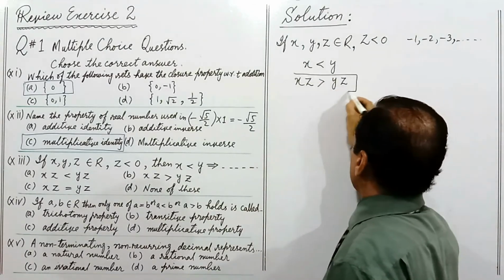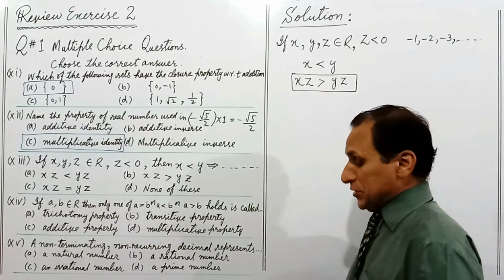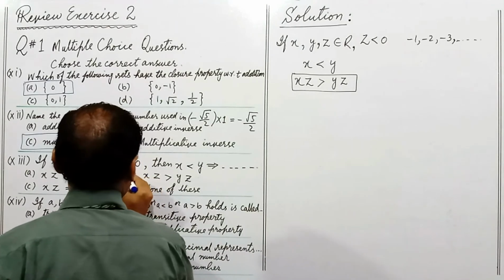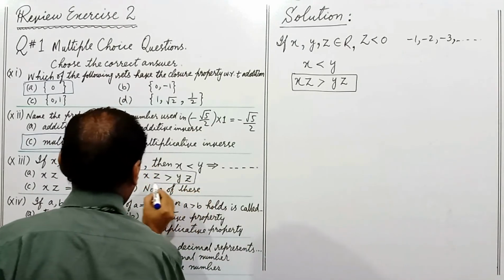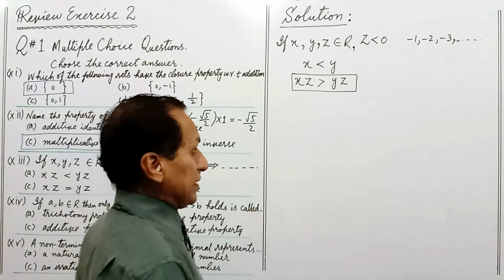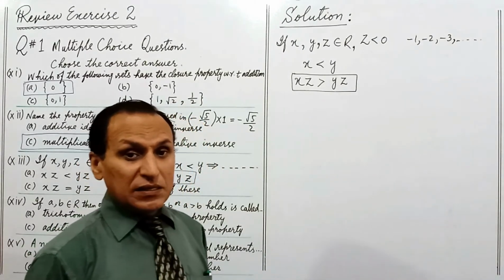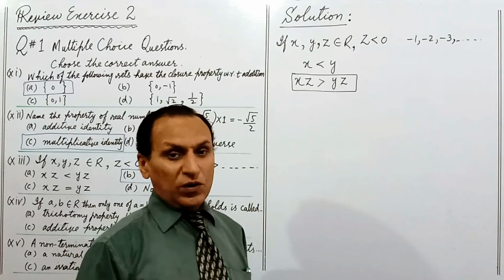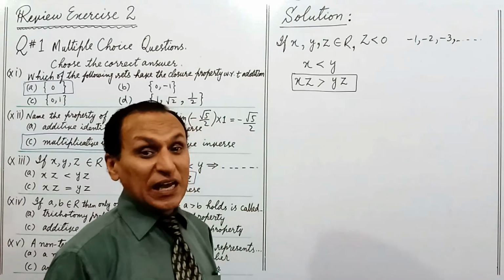So hence the right option is xz is greater than yz. That is a little bit difficult, but we recall the concept with the help of an example.